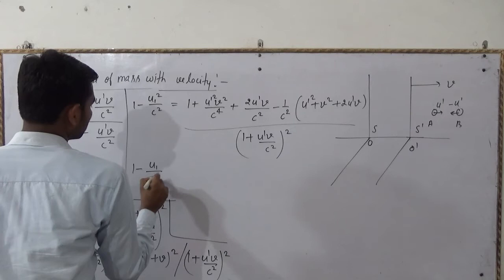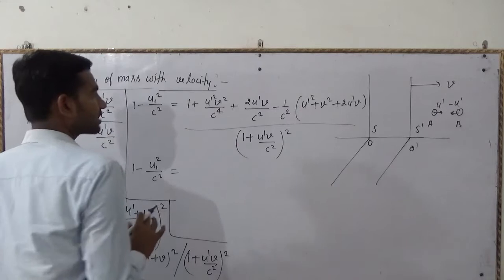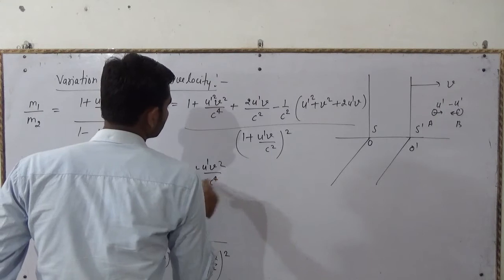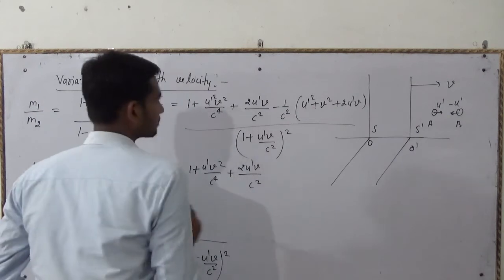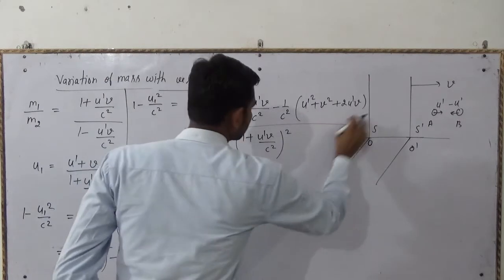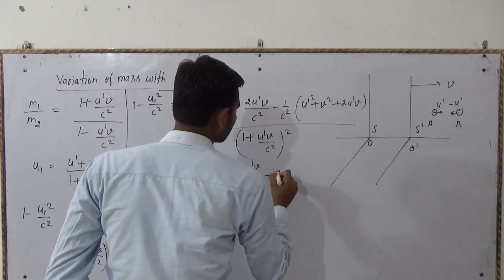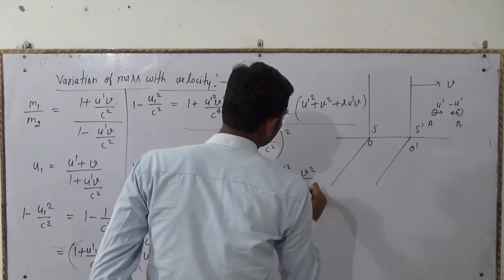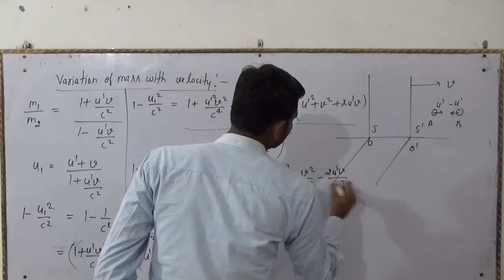So 1 minus u1 square by c square is equal to, we can simplify it, 1 plus u dash square v square by c to the power 4 plus 2 u dash v by c square minus, multiplying 1 by c square by all these terms, 1 by c square minus u dash square by c square minus v square by c square minus 2 u dash v by c square.